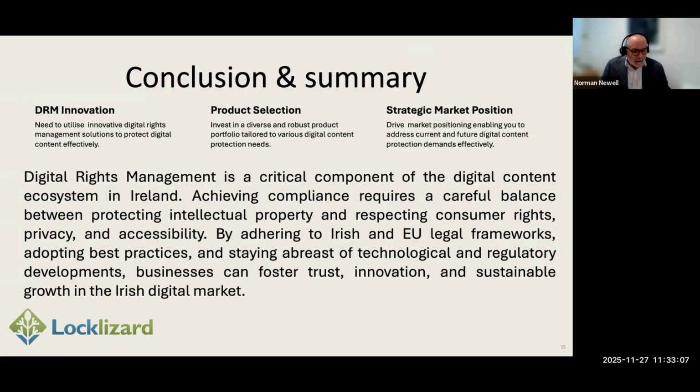Lovely, thanks, Mark. There's also a question here where they're saying, what should be the key considerations when researching for a DRM solution? Well, the first one is what encryption level is the DRM provider actually using? Because if it's 128 bit, then that's going to go out of sync really quickly.